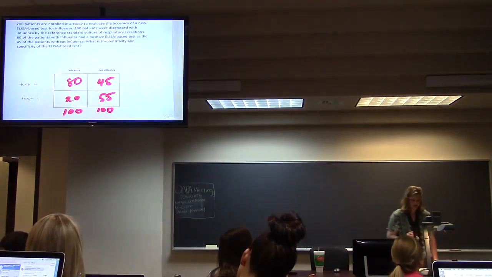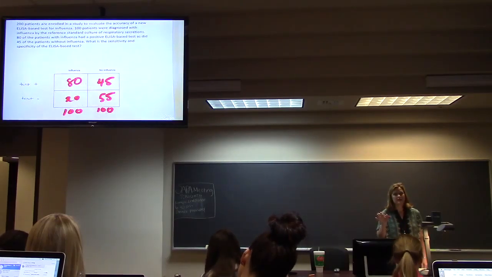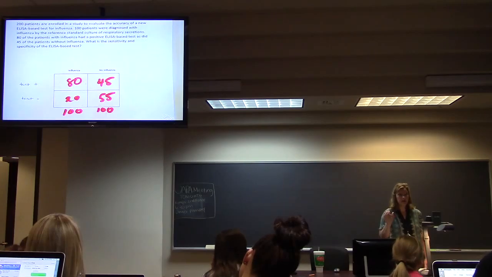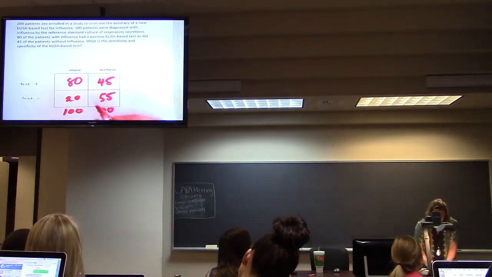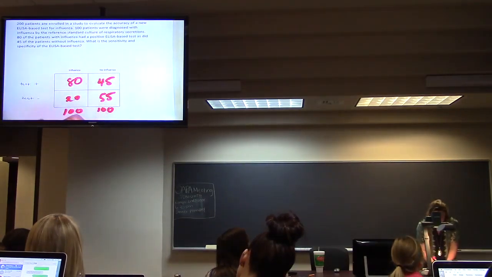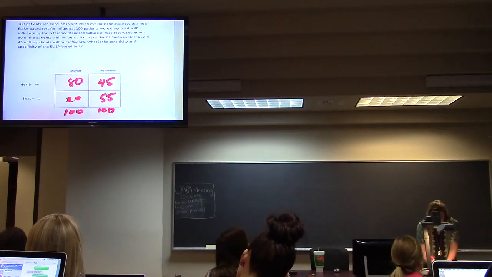Good job. Okay, so now let's calculate the sensitivity and specificity based on what we have here. So sensitivity is going to be true positives over this whole column. We kind of cheated for us, so we know it's 80 over 100.